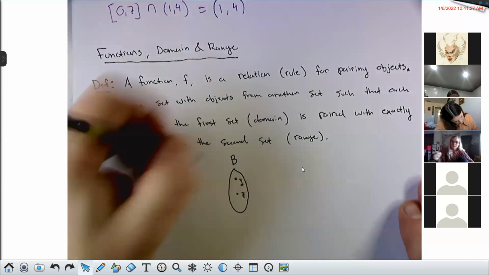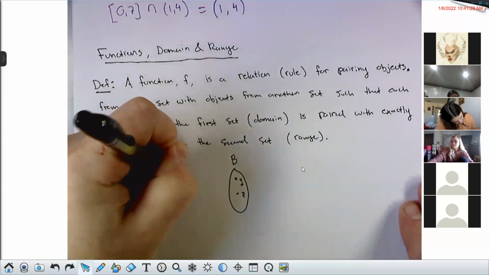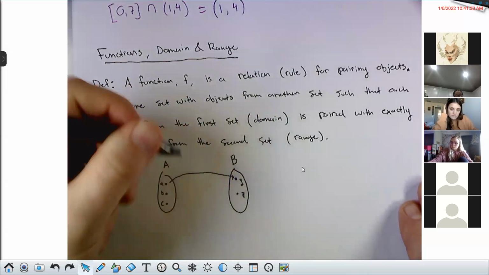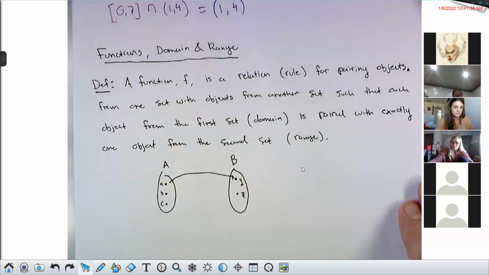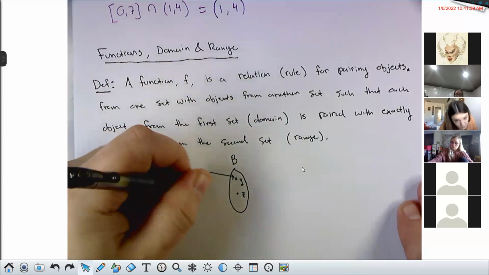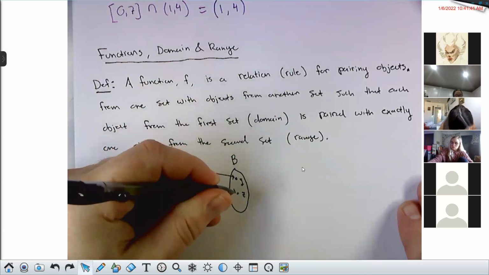Then I could have a function f that pairs a with y, and one way to denote that is by drawing an arrow from a to y. And it might pair both b and c with the object z.